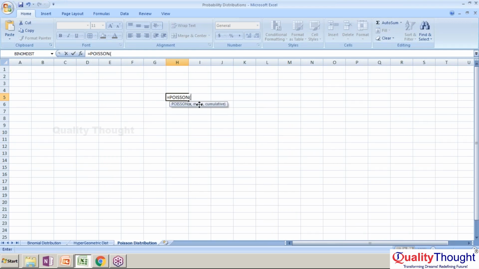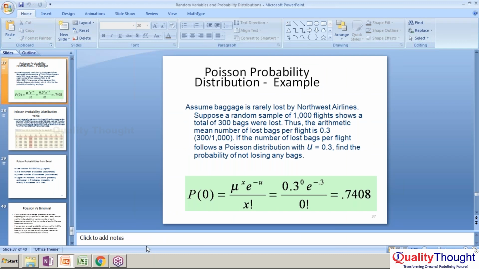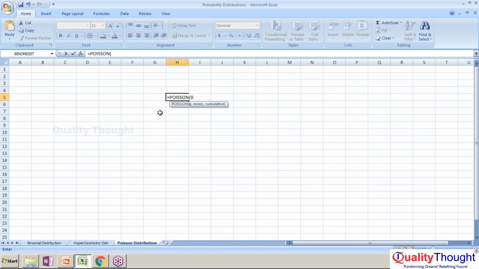It is asking for x, mean and cumulative. So from the given problem, what is x? Probability of getting 0 means no bags were lost. And the mean they have already provided to us. So x is 0, mean is 0.3, cumulative false. Let me just make it false.